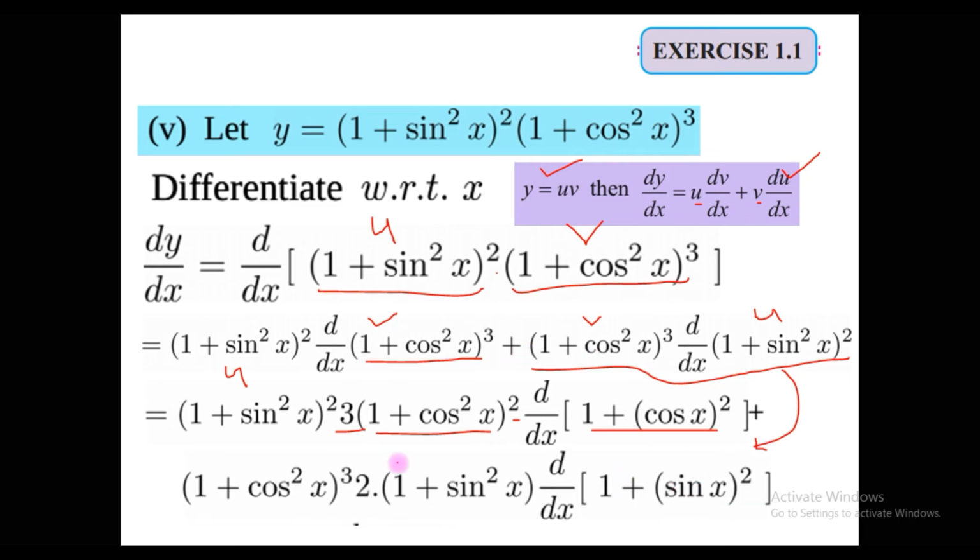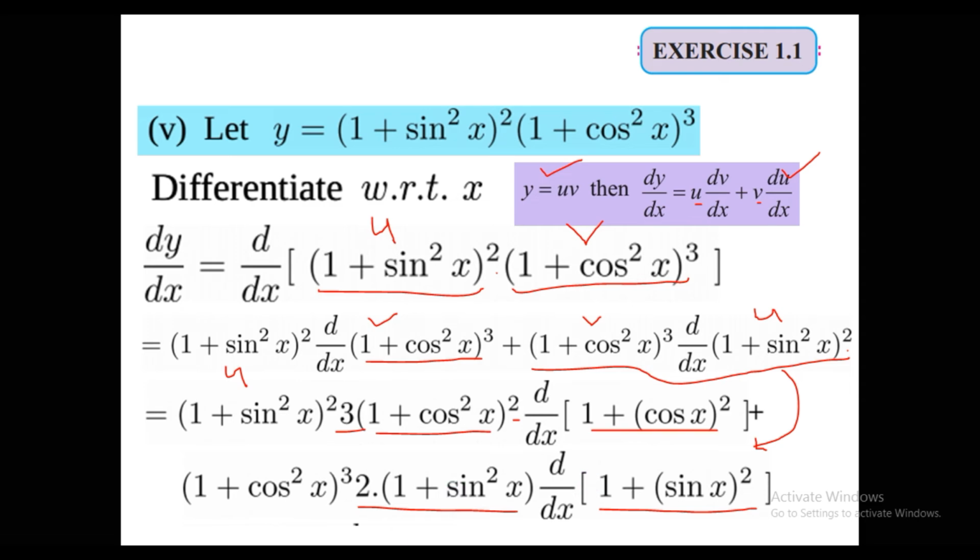See, this first term, 1 plus cos square x, is as it is, cubed. Then the derivative of 1 plus sine square x whole bracket square could be written, as it is a square, as 2 times this term as it is, 1 plus sine square x, and I am not forgetting to multiply this with the derivative of the inside function.